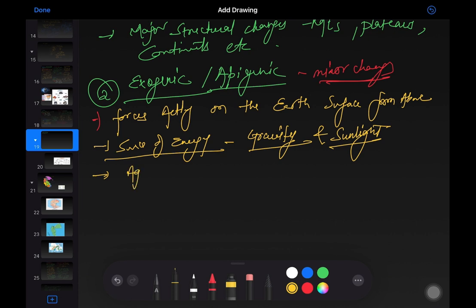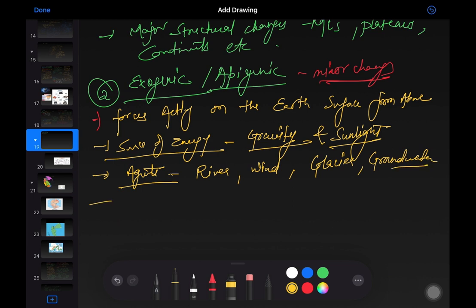व्हाट आर द एजेंट्स ऑफ एक्सोजेनिक प्रोसेस? Agents are river, wind, glaciers, groundwater, etc. These are the agents.